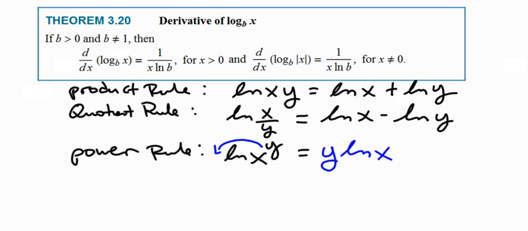So we like using these, and we're going to need to remember these for some of our homework problems. And then it says here that when we take the derivative of log base b of x, the derivative is 1 over the answer part times the natural log of the base. It also works for the absolute value of the answer part of the equation.